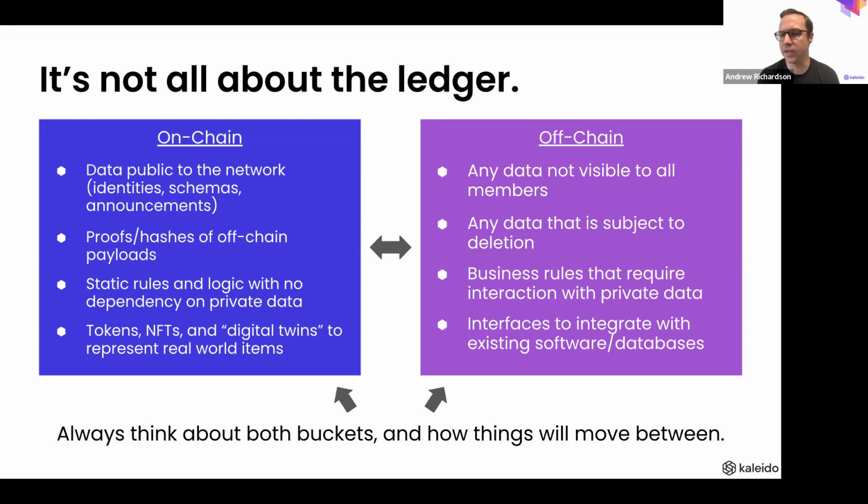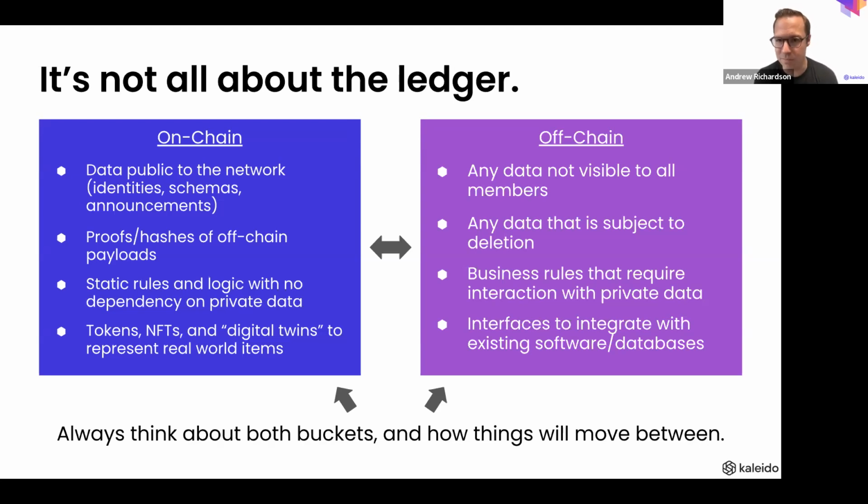If it's a regulatory or compliance requirement that I need to be able to purge this data and really, really purge it at some date in the future, I can't put it on chain. And you'll find when you're building a consortium application that these first two bullets are pretty big ones. And I'm sure anyone that's been in this space finds that this knocks out a large percentage of what you can actually put on the chain, and means that stuff has to stay in this purple box on the right.